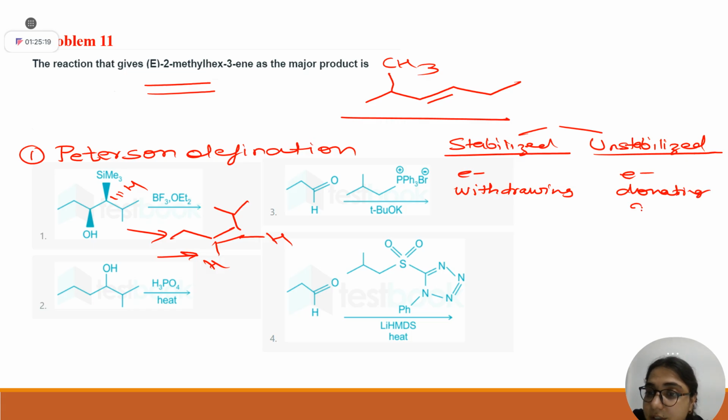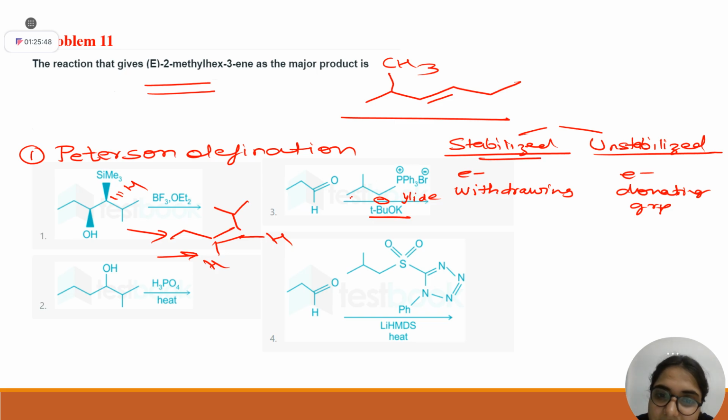Now you may ask, ma'am, why stabilized? See, tert-butoxide is there. This is a base. It will abstract this proton. Carbon attached to a heteroatom with positive and negative charges is known as an ylide, right? Obviously, if there is something in your starting material that can stabilize this carbanion, that will be your stabilized ylide.